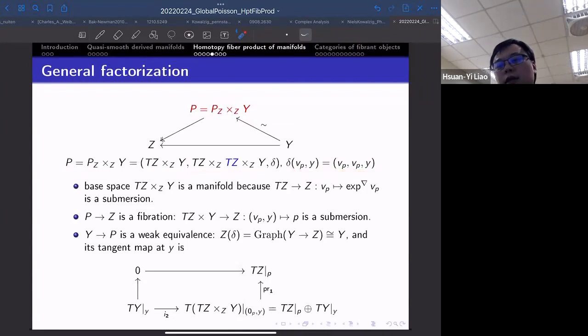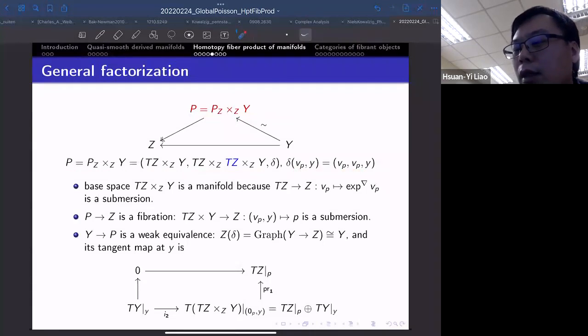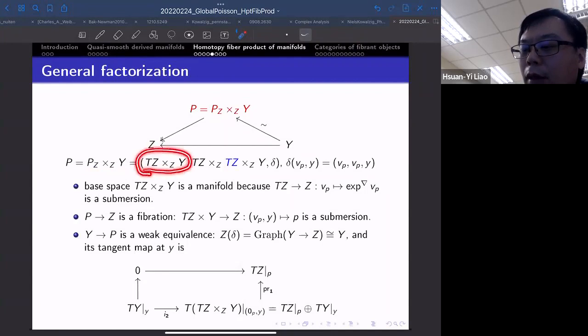The thing is, when we got PZ, we got a submersion to Z times Z, and then we use one submersion to do this fiber product. So this is a manifold. This is a manifold because the map from TZ to Z is an exponential map. It is a submersion. So this map is a submersion.